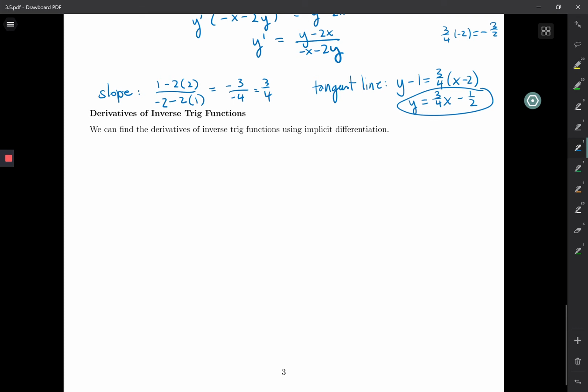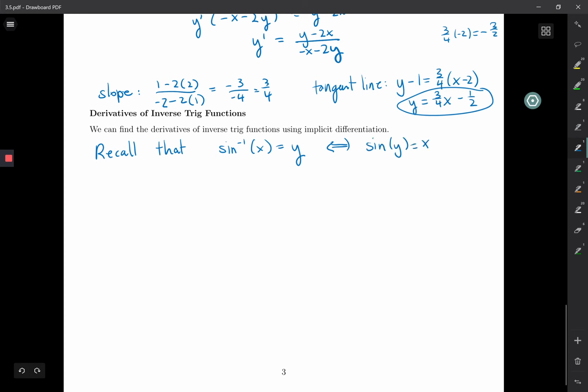They were defined as the inverse, so we'll start with sine. Inverse sine was defined by this relation. So sine inverse of x equals y if and only if sine of y equals x.